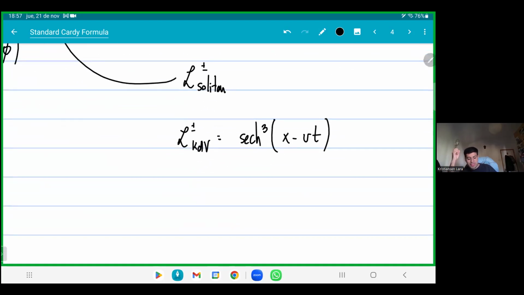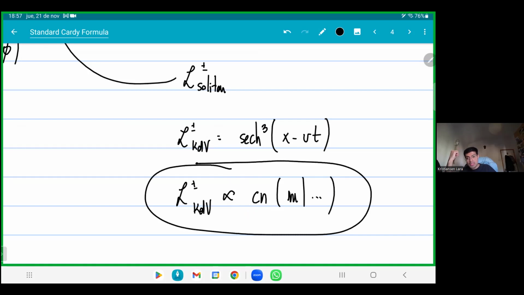So you can say to me, okay, Kristiansen, work with a periodic soliton. Okay, there is a periodic soliton associated to KdV, but this is a cnoidal wave that depends on some parameter. I don't remember how it is. This is an elliptic function, and the elliptic function is very hard to work with. From the KdV equation, obtaining this solution is very easy.